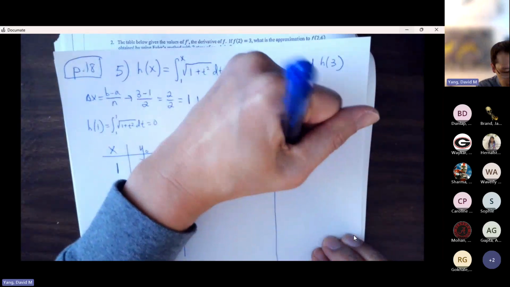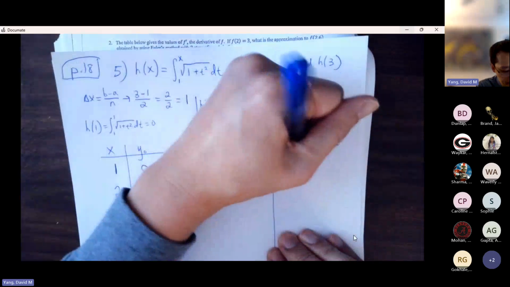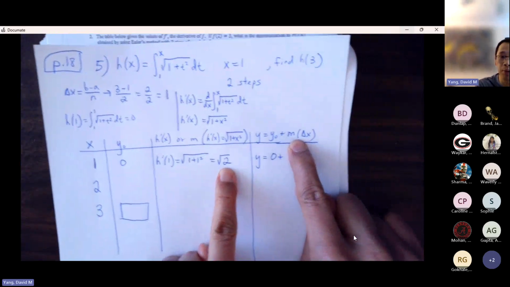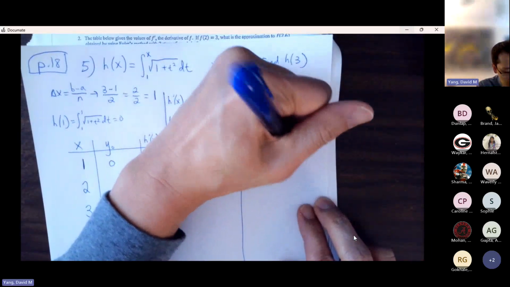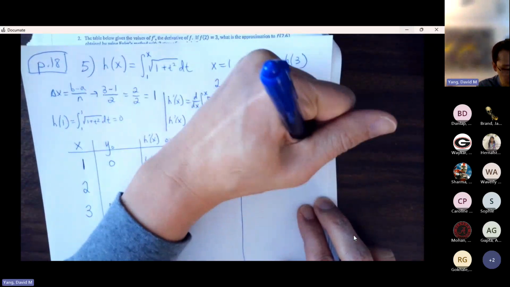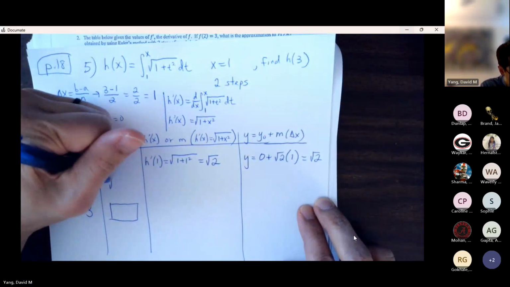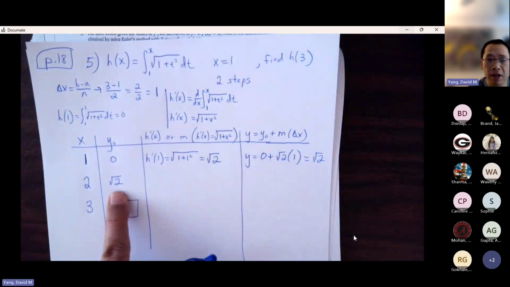Let's update our y point. Our current y value is 0. Our slope, or our h prime at that point, is root 2, and our step size is 1. So root 2 times 1 is just root 2. There's my updated y value.